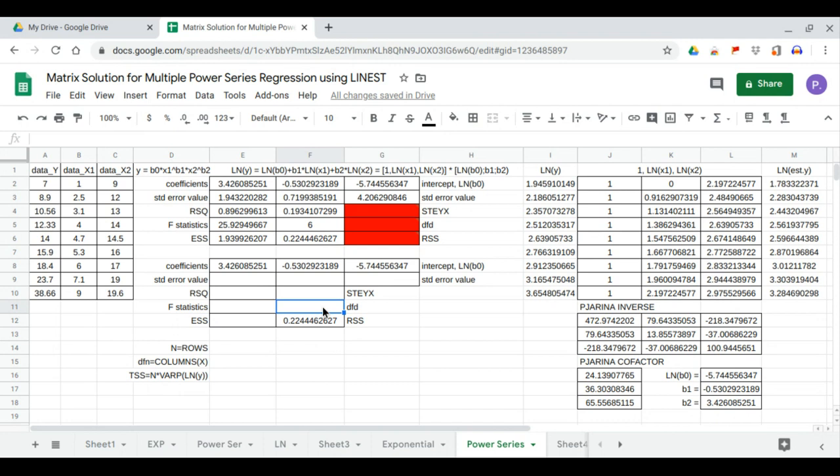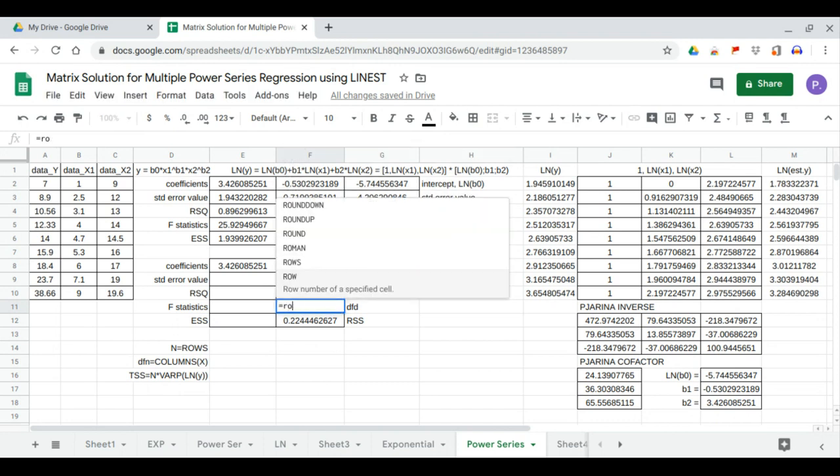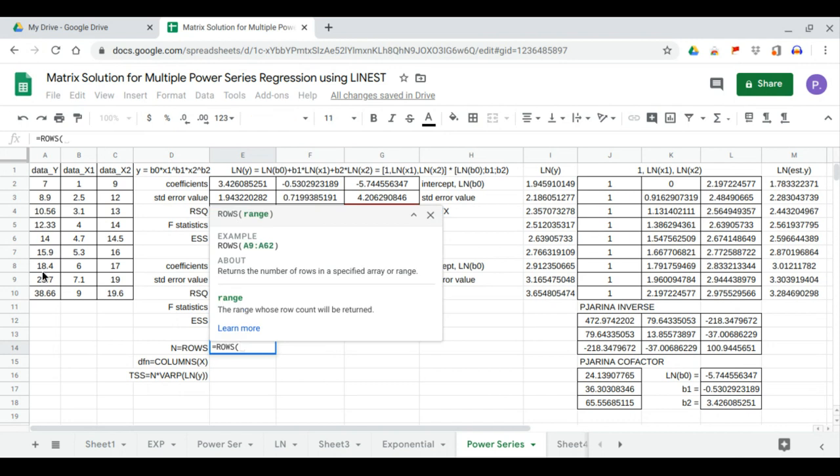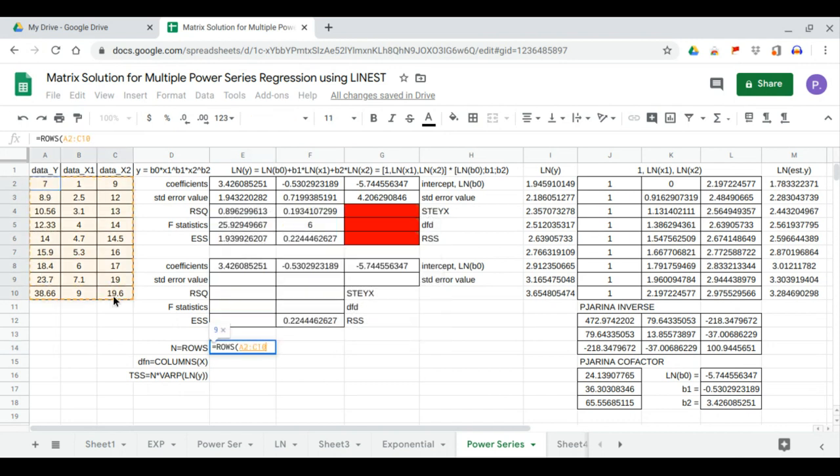Next, we calculate the degrees of freedom, which is rows. So we calculate the rows, the populations of the dataset range. That's 9. So our degrees of freedom will be rows minus columns of the dataset range.